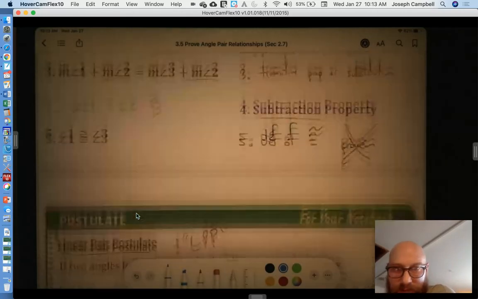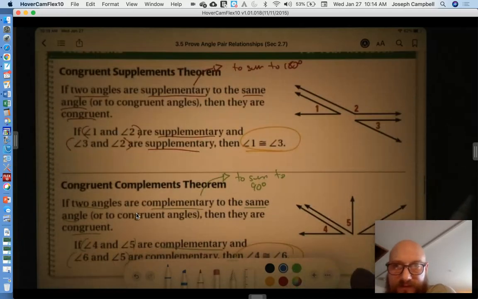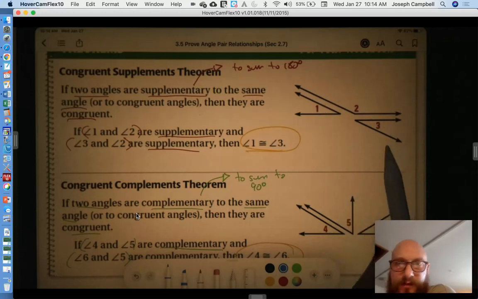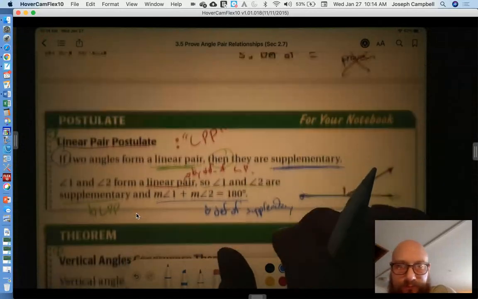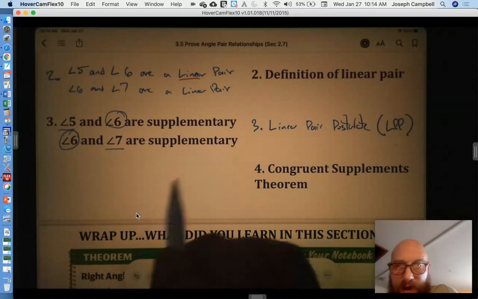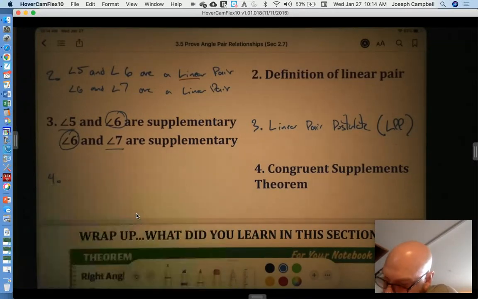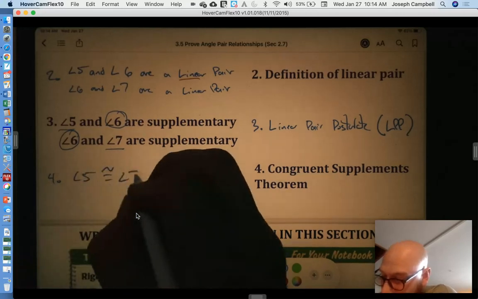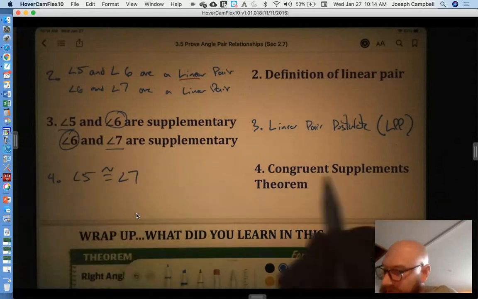Remember, all the way back up here, if two angles were supplementary to the same angle, they must be the same. And we did a little concrete example of that with numbers. So what two angles are the same here? Angle 5 must be congruent to angle 7 because they're supplementary to the same angle, which is 6. That's the congruent supplements theorem.